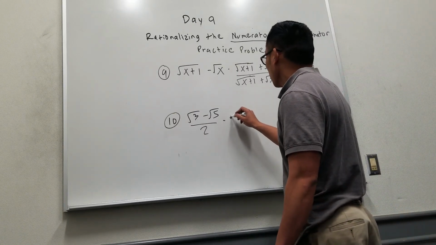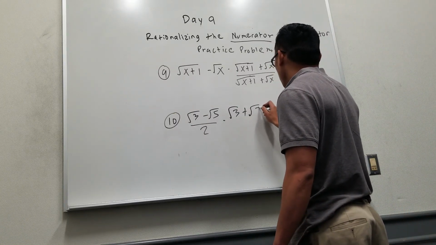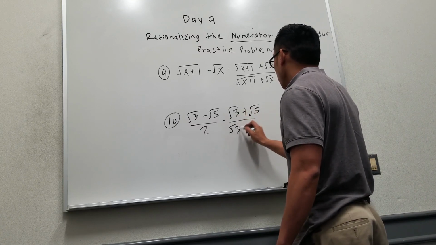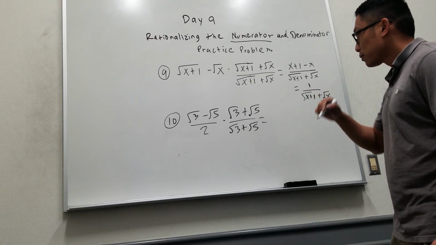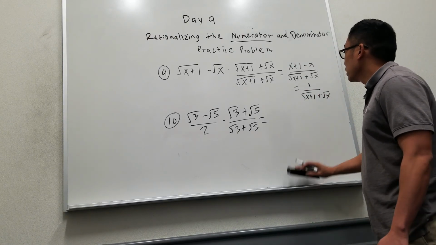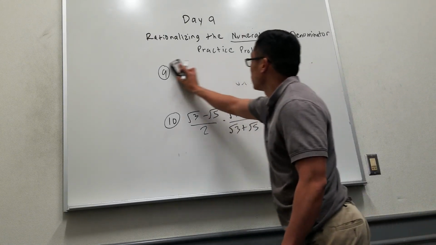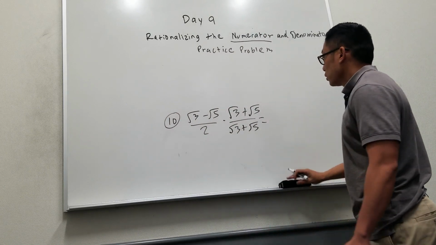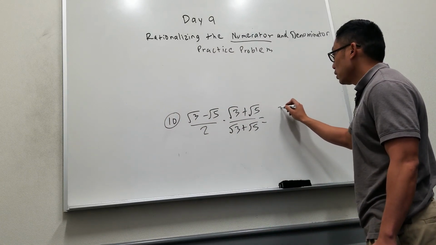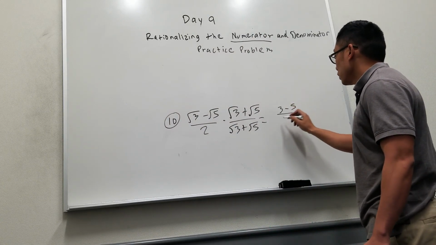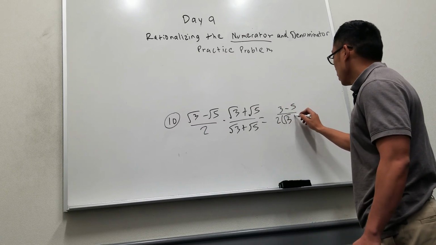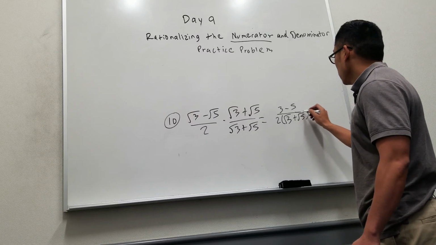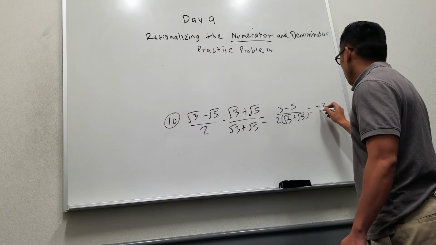So we have this. Radical 3 plus radical 5 times radical 3 plus radical 5. Now what? I'm going to erase this now. So you get 3 minus 5 over 2. Keep in mind, put parentheses. Then you have negative 2 over negative 2.